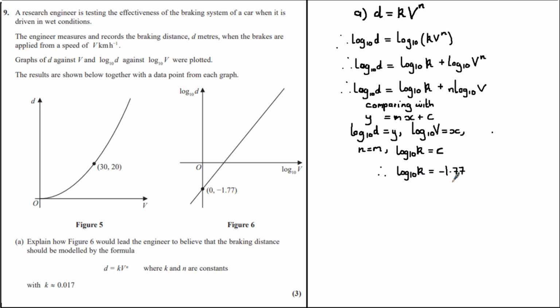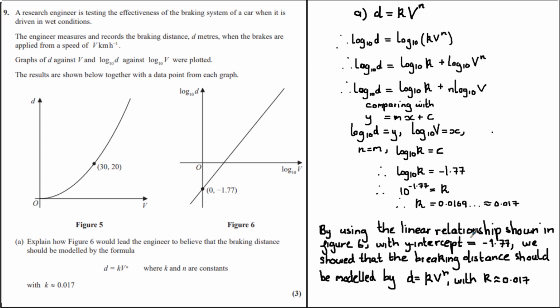We say 10 raised to the power of negative 1.77 is equal to k. Evaluating this in our calculator, we get that k is equal to 0.0169 and so on, which is approximately equal to 0.017 as required.